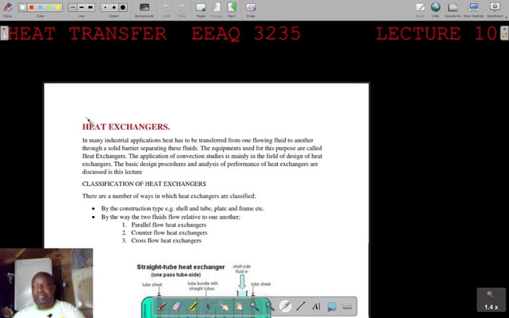Heat exchangers are thermodynamic equipment that enables the heat transfer between two fluids that are separated by a solid surface. And these two fluids are in a relative motion to one another.